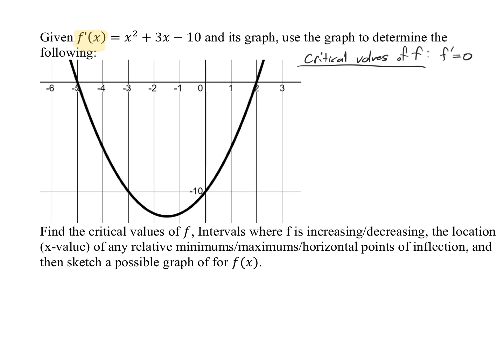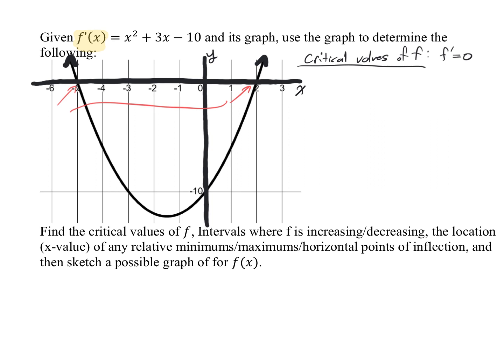But if you don't want to do that, you have the graph, where is it 0? I know the axis is a little bit hard to read. Let me darken this in a bit. Okay, so where is the graph equal to 0? Where is its y value 0? It happens right here, and it happens right here. Let me just make a little note of that. These two places are y value is 0.